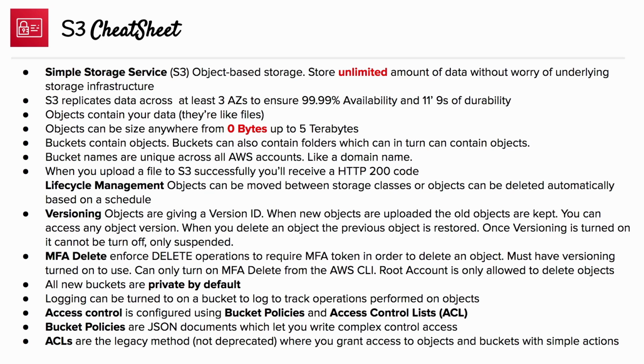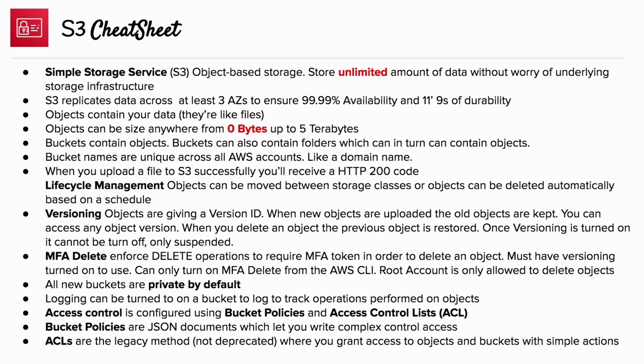This allows you to have version IDs on your objects. When you upload a new object over top of an existing object, the old object will still remain. You can access any previous object based on its version ID. When you delete an object, the previous object will be restored. Once you turn on versioning, it cannot be turned off. It can only be suspended.